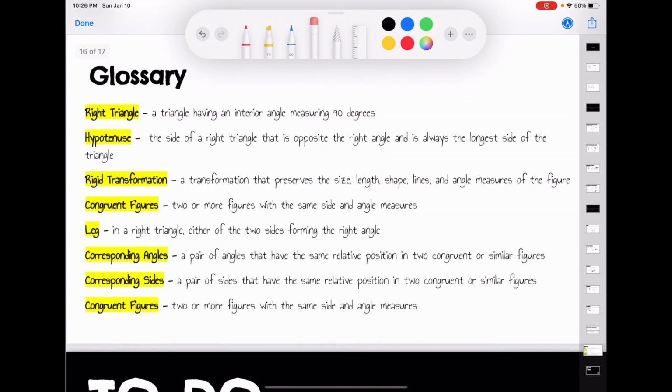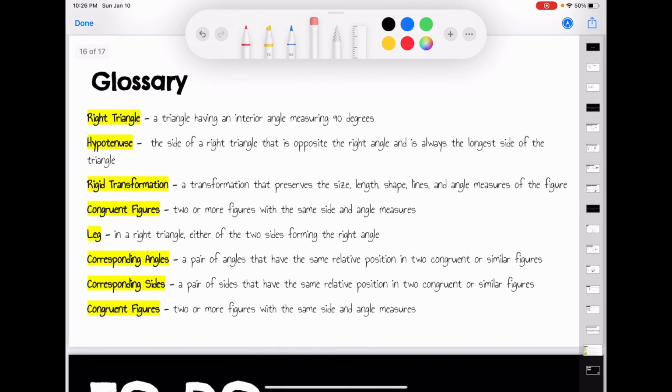Okay. Here are glossary terms, many of which we've seen before, but today we did look at or learn about what a hypotenuse was and what a leg was. Okay, and just a brief review for those of us who are still unsure. We have a hypotenuse every time we have a right triangle, and the hypotenuse is always located opposite of that right angle.